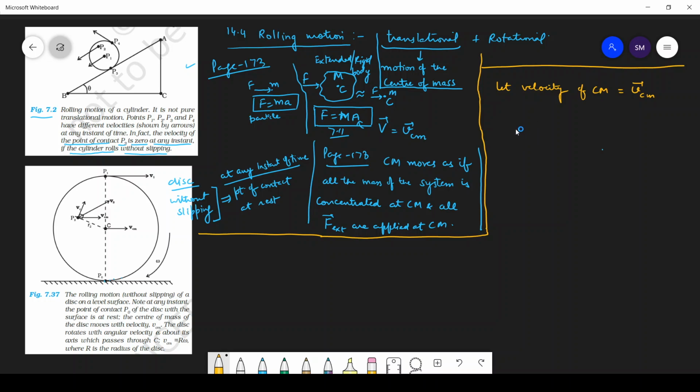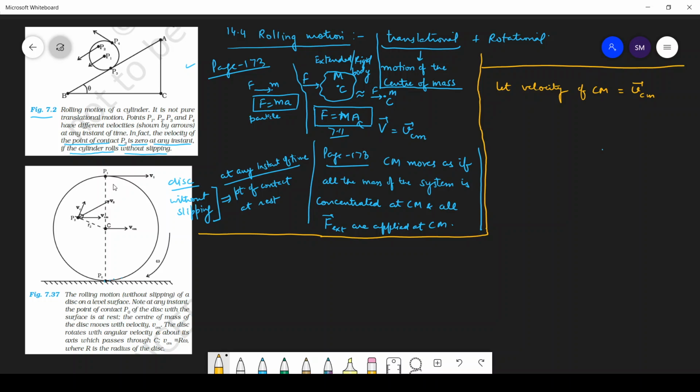Students, I am writing it slowly so that you can also write along with me. Keep on making notes along with me with understanding, and if there is anything you are not understanding, please ask. So this VCM is the velocity of the center of mass, and therefore the translational velocity of the disk.